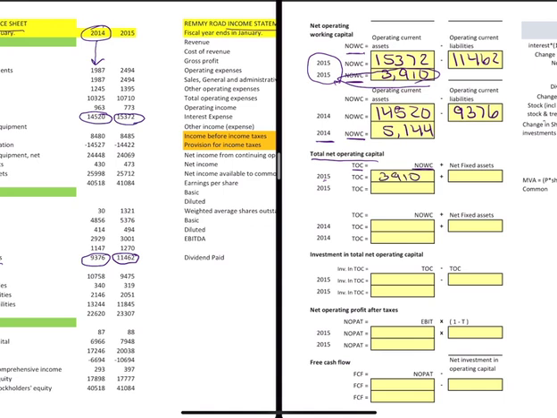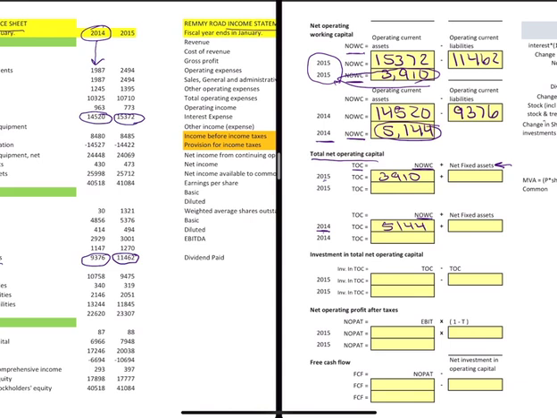And then for our 2014 net operating working capital, we have 5,144. Okay. Also part of our total net operating capital is our net fixed assets. Okay, so we need that information for 2014 and 2015.